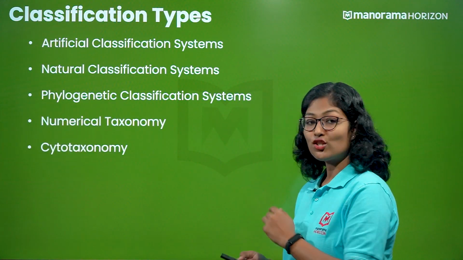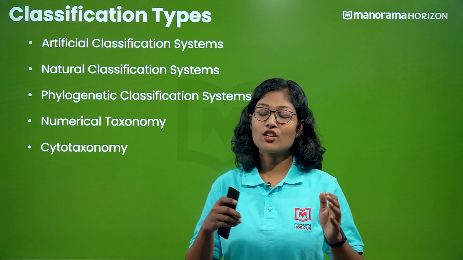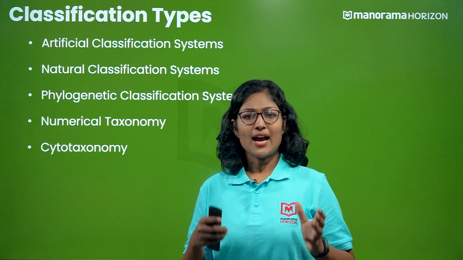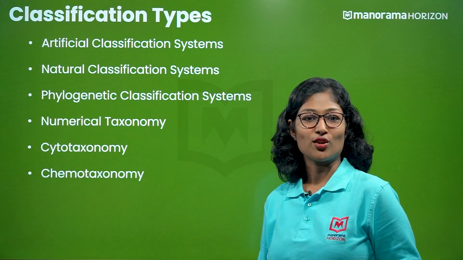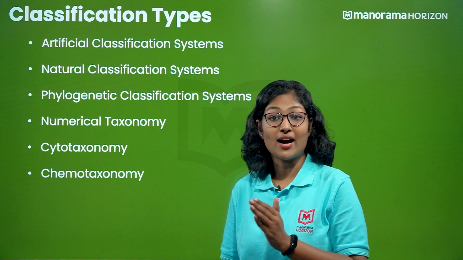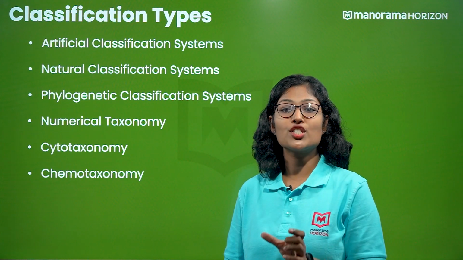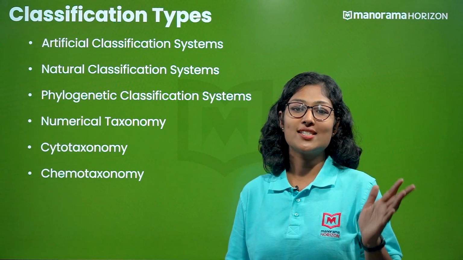In the case of cytotaxonomy, cellular details are studied, which includes chromosomal study. Another kind of modern approach in research is chemotaxonomy. Chemotaxonomy resolves the uncertainties by understanding the chemical constituents of plants such as DNA sequences and protein synthesis.